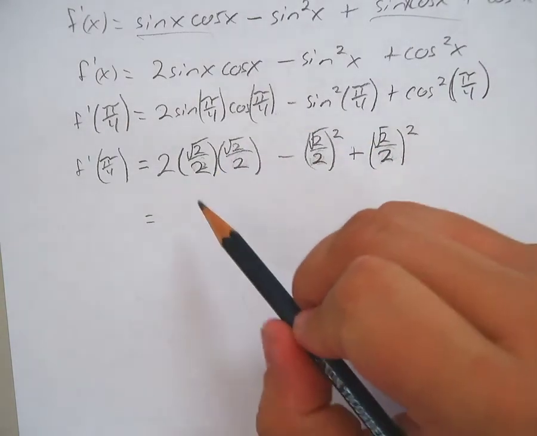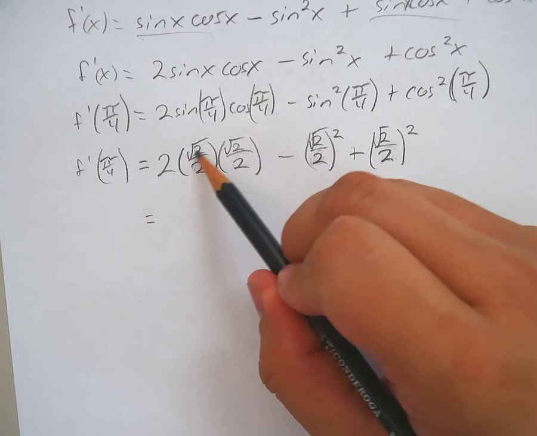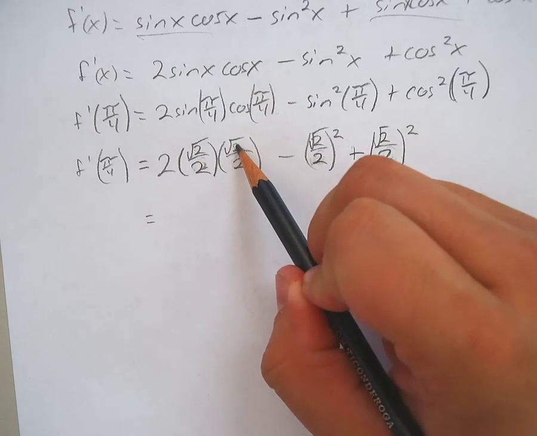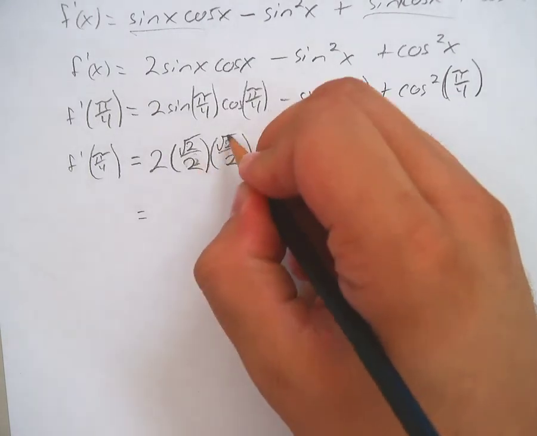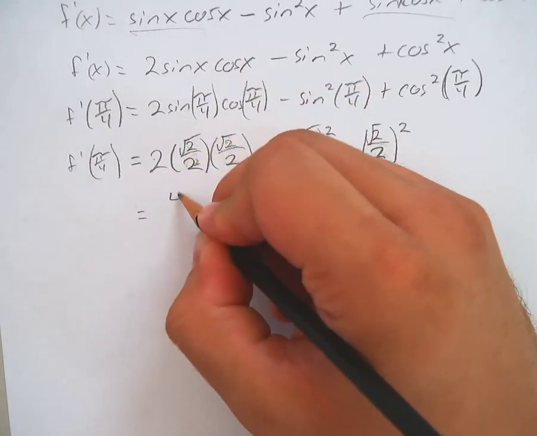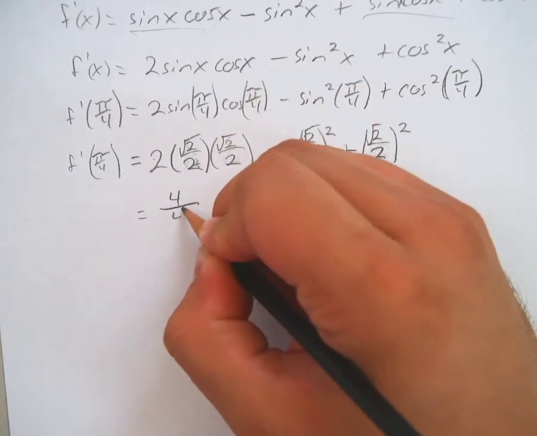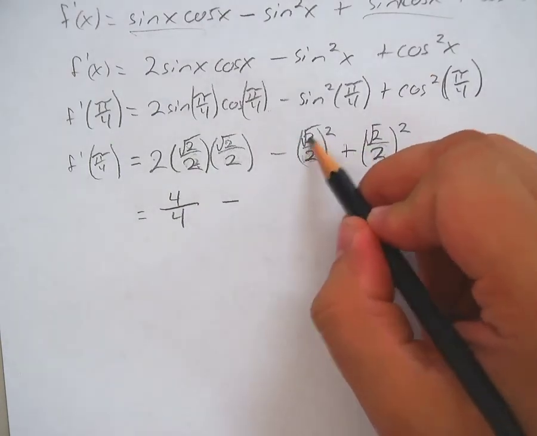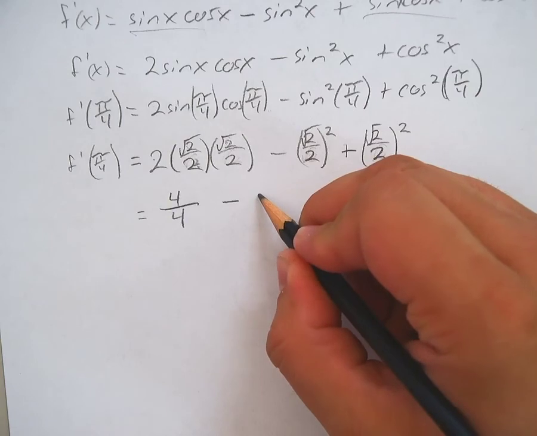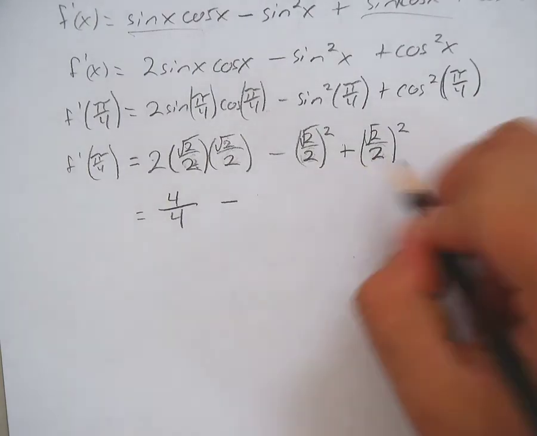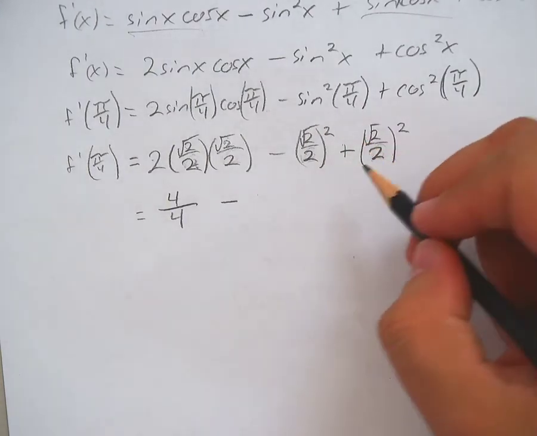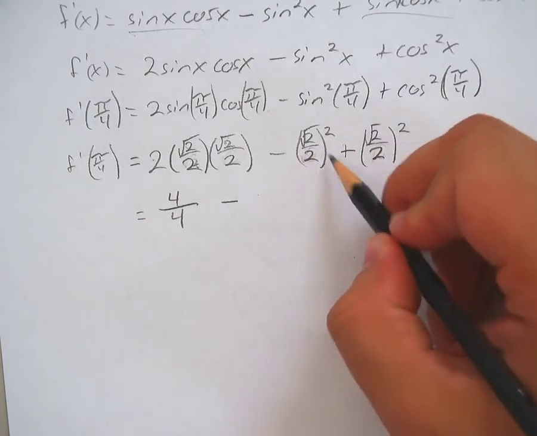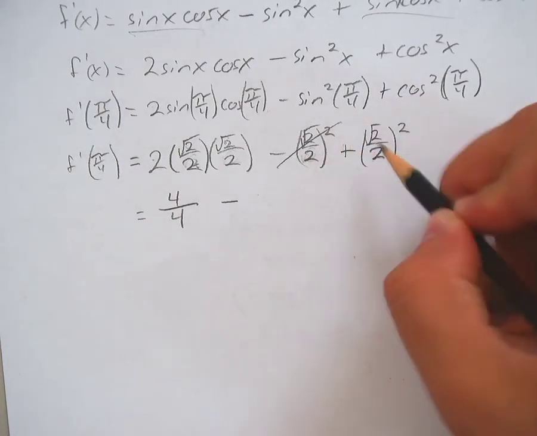Okay, so this is going to be square root of 2 times square root of 2, which is 2, so 2 times 2 is 4 over 2 times 2 is 4, minus, actually, you know what? These are the same thing. If you want to simplify them, go ahead. It's 2 over 4 plus 2 over 4. They're the same thing, so they're going to go away.